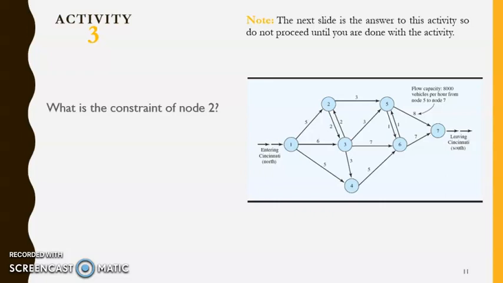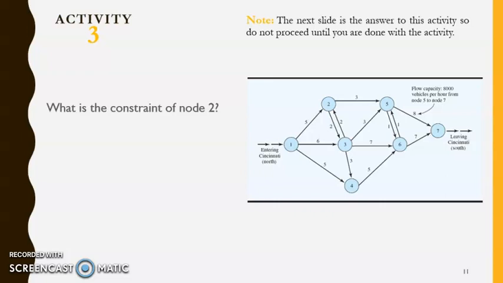As most probably you have written it correctly, the constraint related to node 2 has 4 variables involved: x12, x23, x32, and x25. The inflow, that is x12 plus x32, equals the outflow, x23 plus x25.